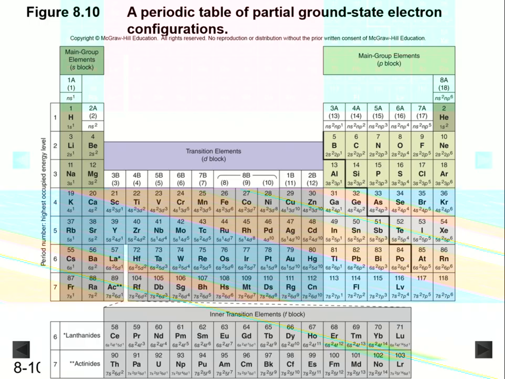But the patterns are more complicated here. So you're not going to need to worry about the gray elements or the lower two rows of the transition elements. You should know the period 4. So basically periods 1, 2, 3, and 4. And you should recognize the main group elements in the S block and the P block and understand those patterns. They're well behaved.